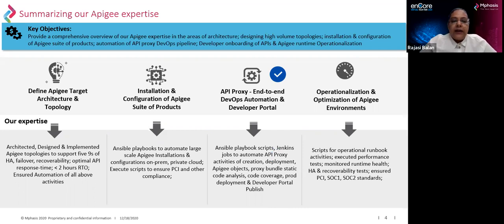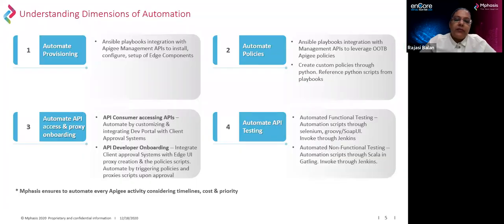Just reiterating, we have various automation to be done: automated provisioning, policies that you can do, API access provisioning, and testing. All of these we are considering in our DevOps pipeline.